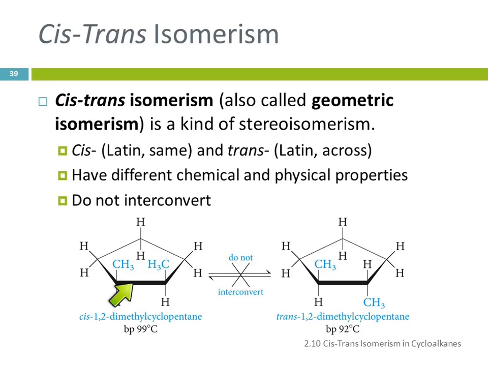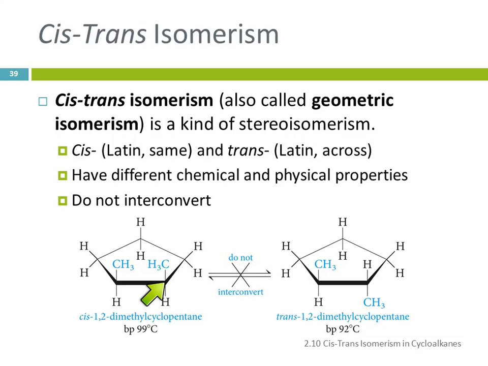So when we name these then, we follow the same pattern that we've been doing. This is cyclopentane because there are 5 carbons in a ring. So cyclopentane, we have 2 methyl groups, dimethyl. We call one of them on the 1 carbon, and then we number to give the other the lowest, which would be 2.